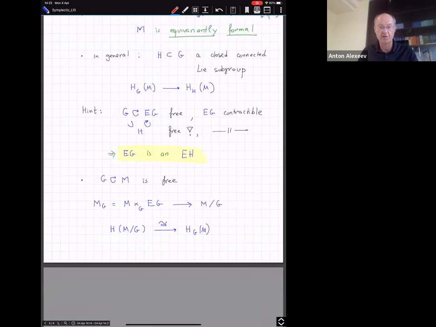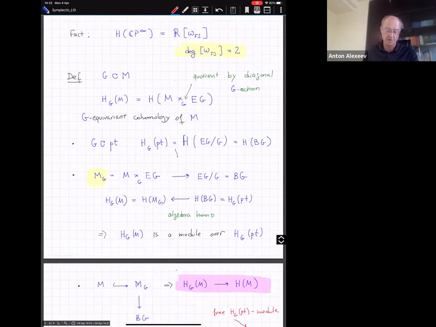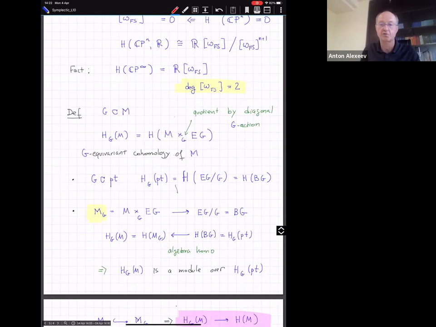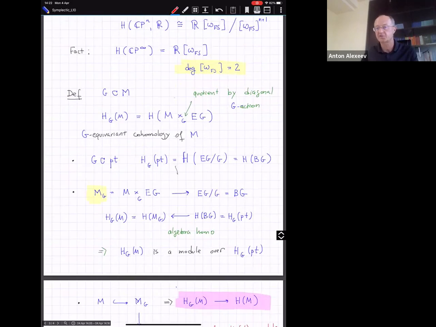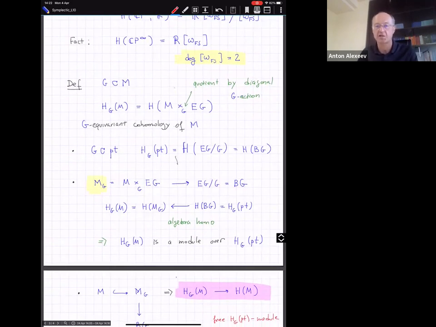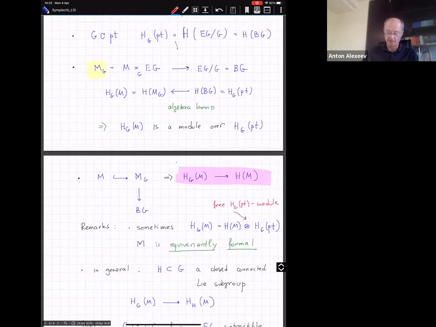But here, what happens, right? We have H of M mod G, and you saw that H_G of a point, our only example up to now, was this polynomial ring. In that polynomial ring, how would that generator act?